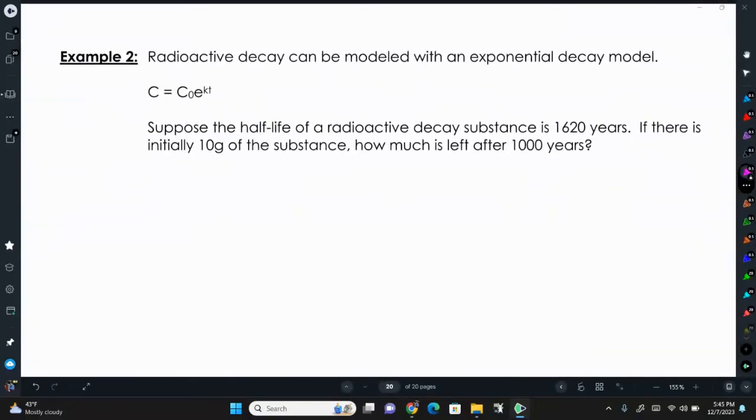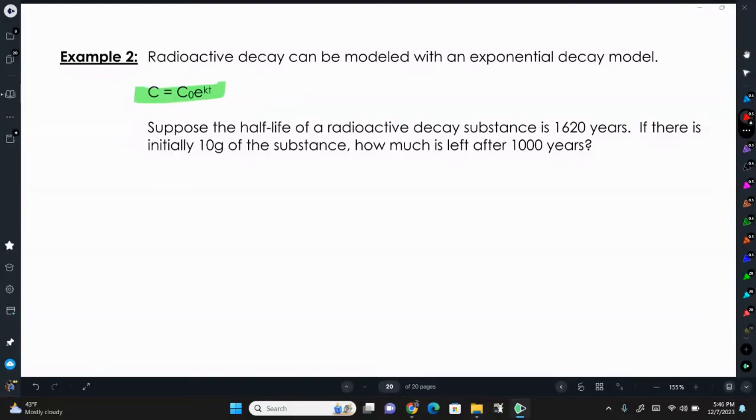So now example 2 talks about radioactive decay and how it can be modeled by this function here, C equals C naught times e raised to the kt power. So it kind of looks like that PERT formula, A equals P times e to the rt power. So we're going to use this formula for these problems.